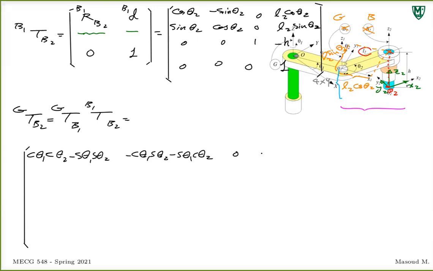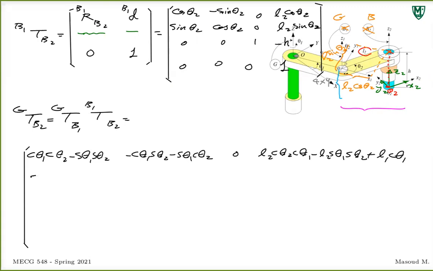That's long. This becomes L2 cosine theta 2 cosine theta 1 minus L2 sine theta 1 sine theta 2 plus L1 cosine theta 1. Let me double check. L2 cosine theta 2 cosine theta 1 minus L2 sine theta 1 sine theta 2 plus L1 cosine theta 1.